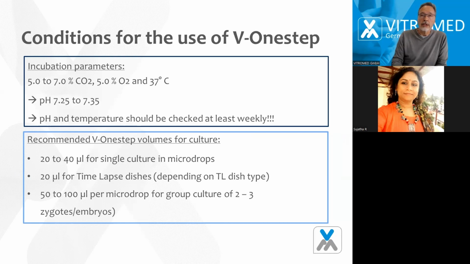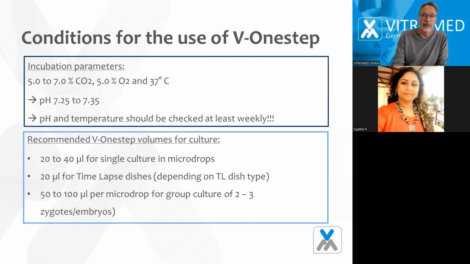Okay, what are the conditions for the use of V-ONESTEP? It's like with every other culture medium too. The most important parameter is the CO2, that means the pH. Depending on the geographical altitude where you are with your clinic, it determines how much CO2 you need.